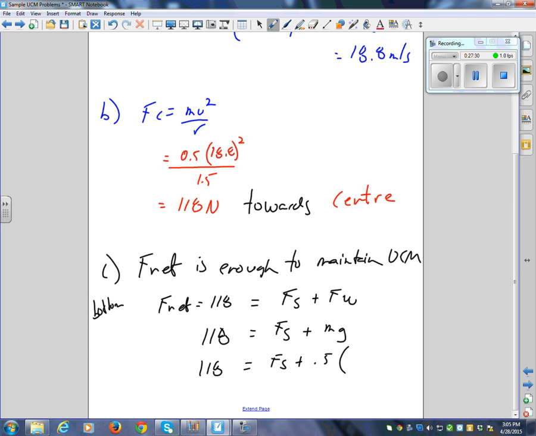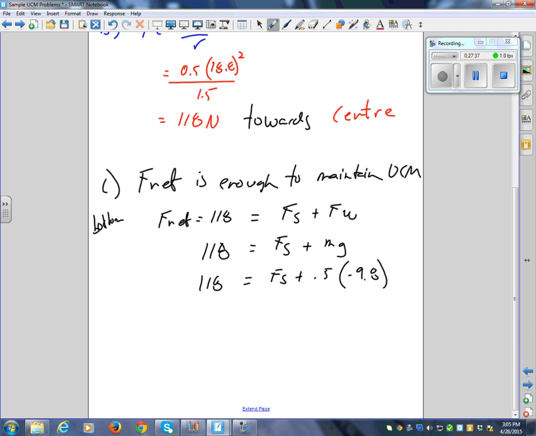Which direction is gravity? Down. So when you take that minus 4.9, it goes to the other side, and therefore the string force, the tension, is 118 plus 4.9, or 122.9 newtons.